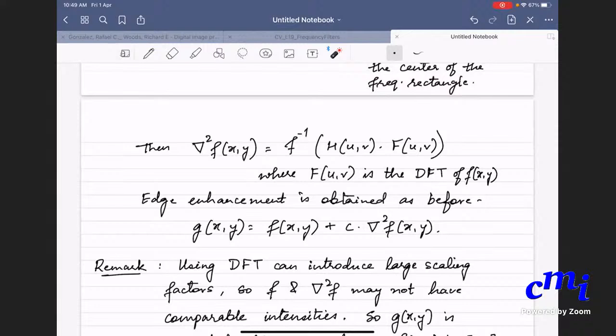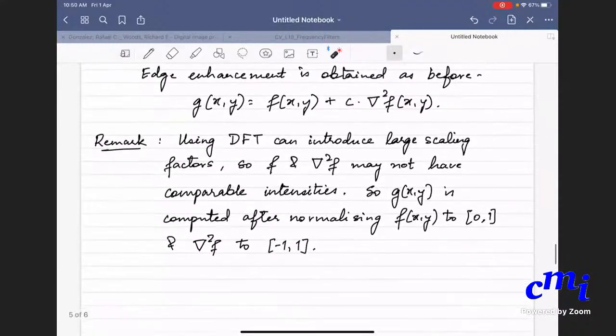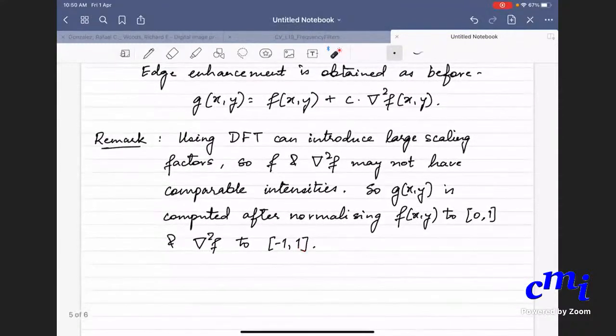So in order to do this addition, usually one applies normalization to both of these so that they are scaled down and then added. Now the Laplacian pixel values can appear negative also, when you are doing a Laplacian. So del f is scaled down to -1, 1, and f(x,y) is scaled down to 0, 1, and then this addition is done.